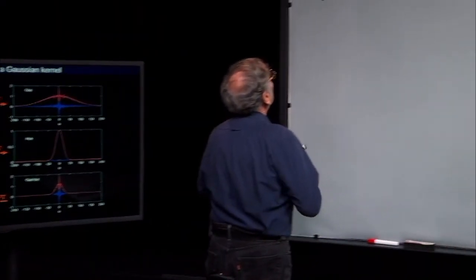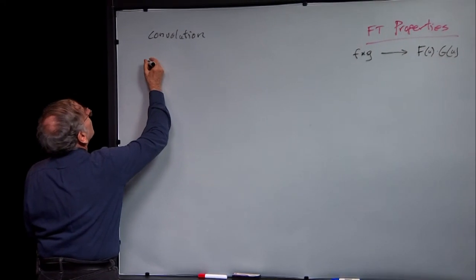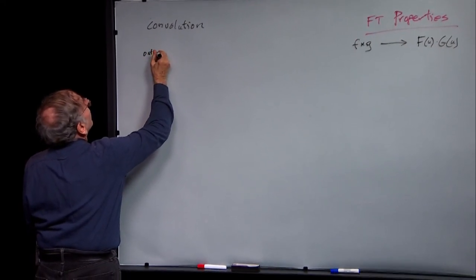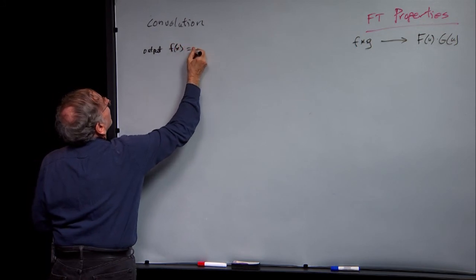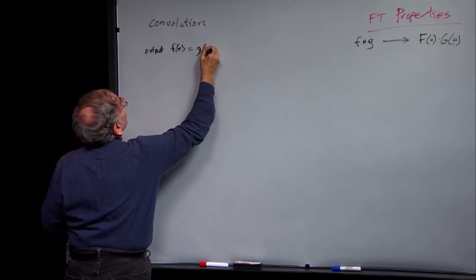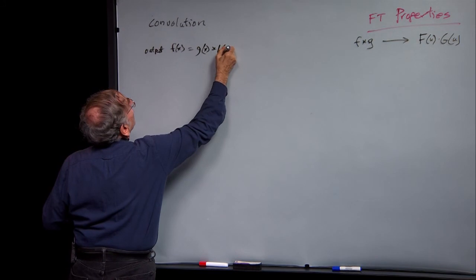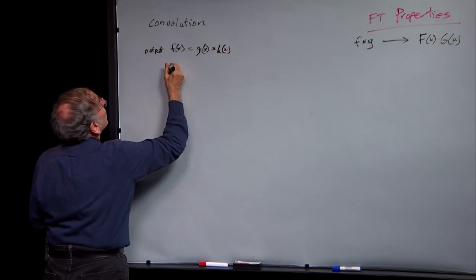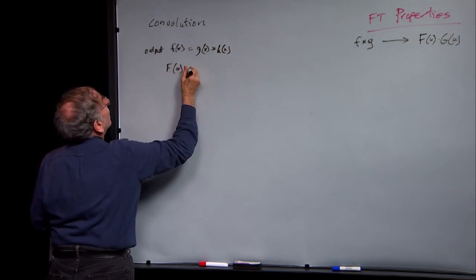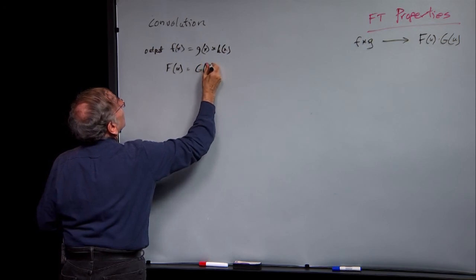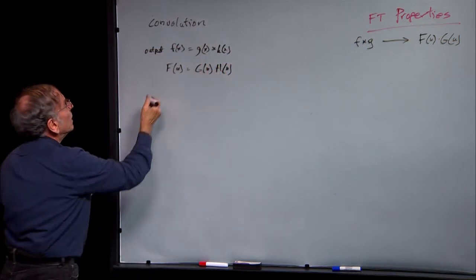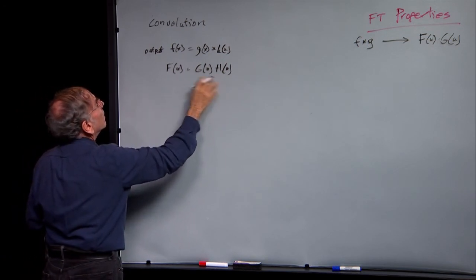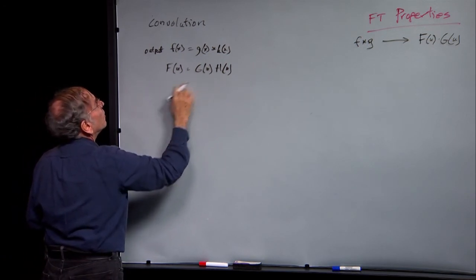But here's what we know. We know that the output function, f of x, is the convolution of g of x and h of x. And so we know its Fourier transform is just g of u times h of u. And that means that given f, we could recover g.